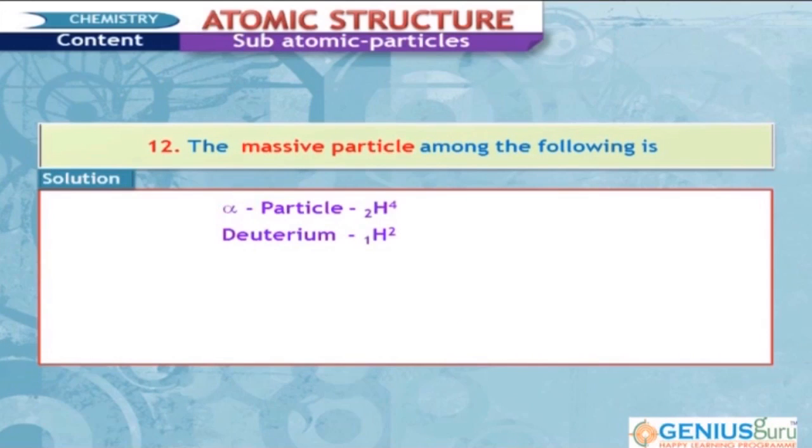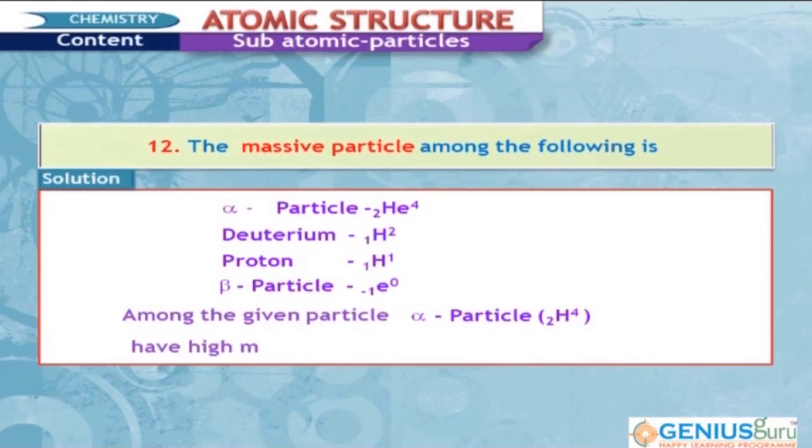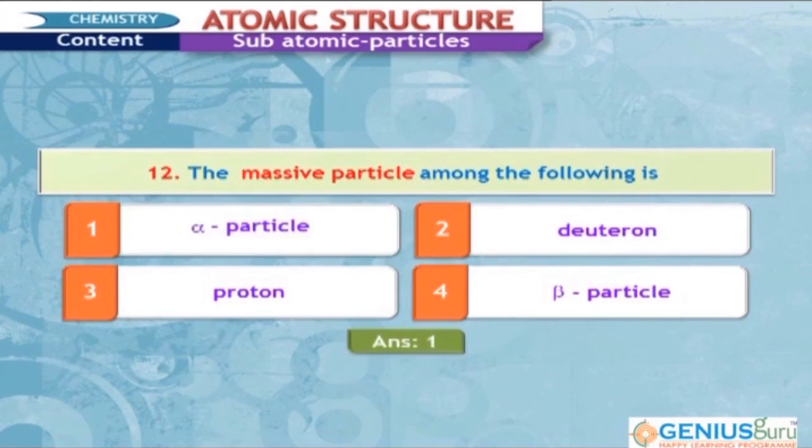Deuteron, which is called deuterium, contains 2 units of mass, and proton contains 1 unit of mass. Beta particles have 0 mass. So among the given particles, alpha particles, also designated as 2He4, have the highest mass. Therefore, the correct option is 1.